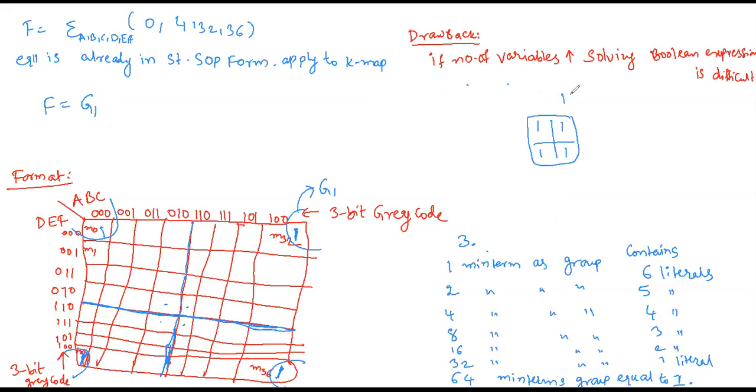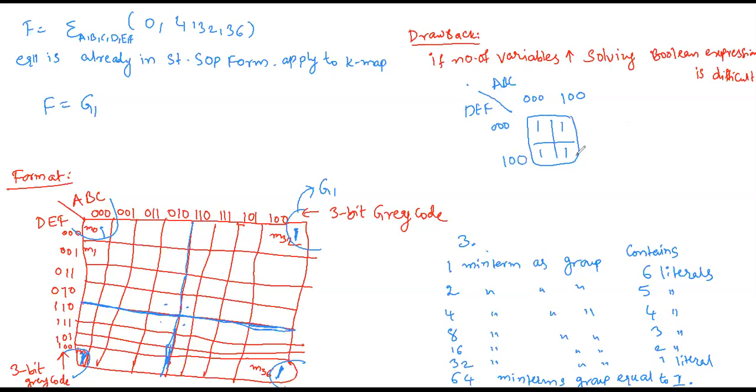And this is 1, 0, 0, 0, 0, 0, for A, B, C, D, E, F, and 0, 0, 0, 0, 0.